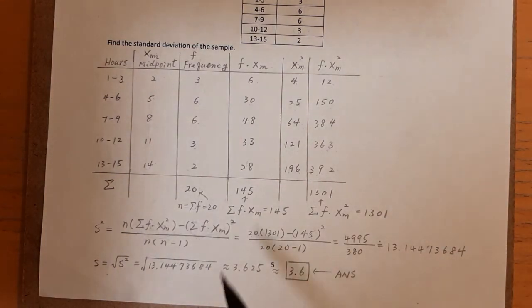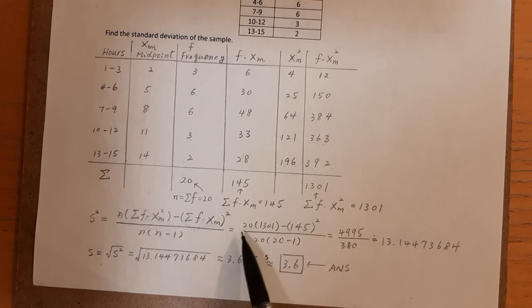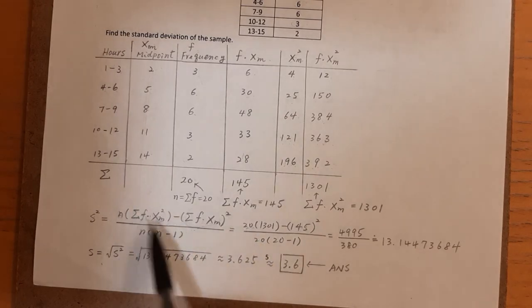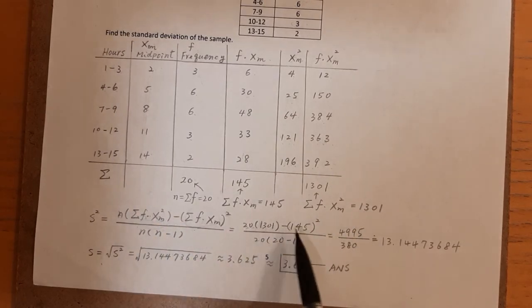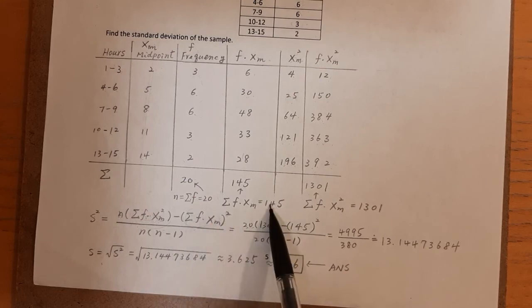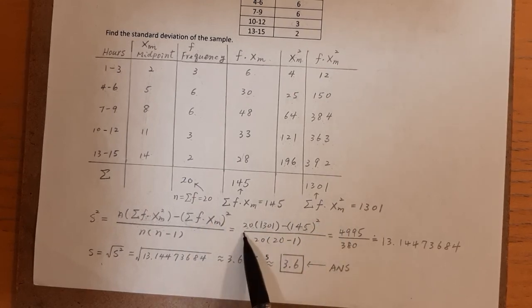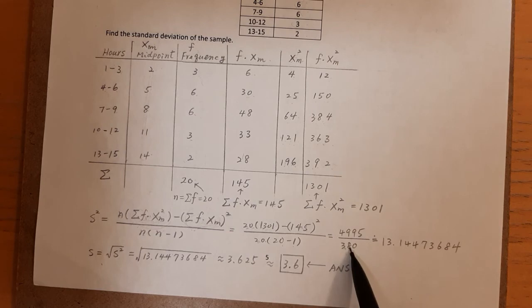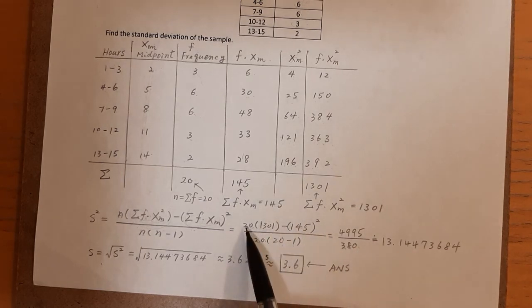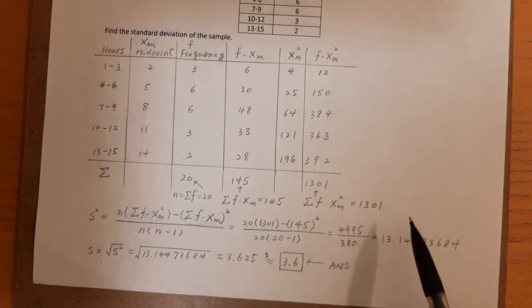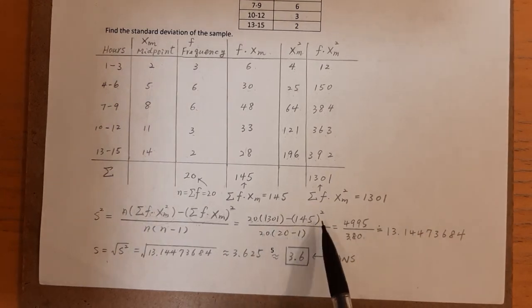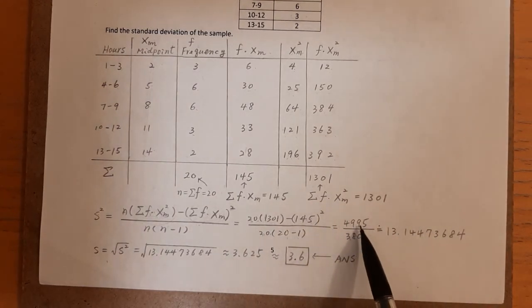And put it over here. n is 20, and this is 1301 minus this 145 squared over n, 20, divided by 20 minus 1 is 19. 20 times 19 is 380. Use the calculator: 20 times 1301 minus 145 squared, figure out is 4995.